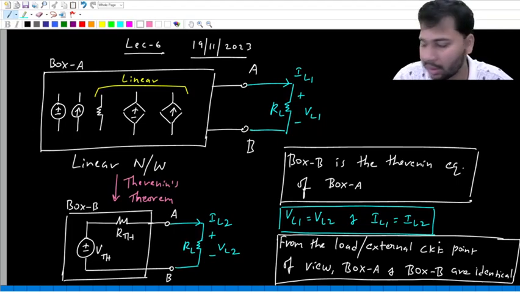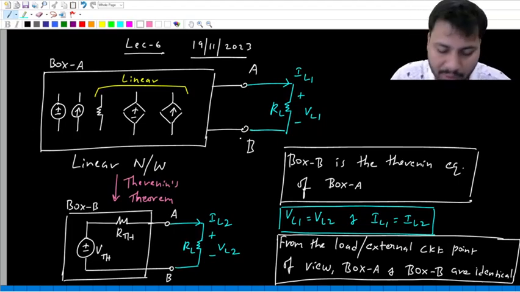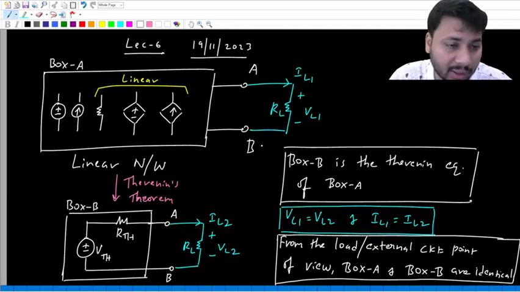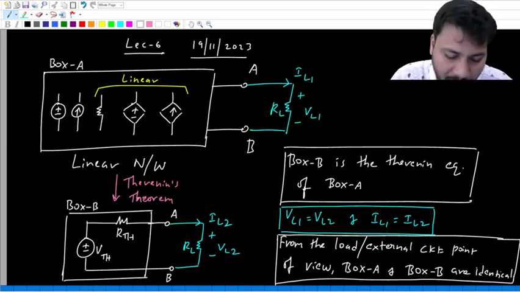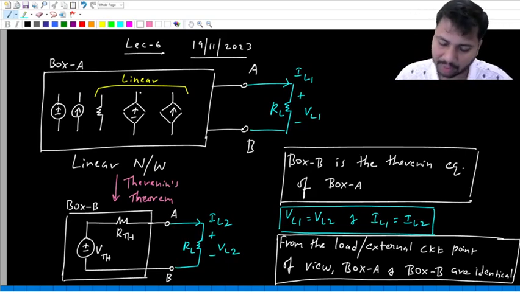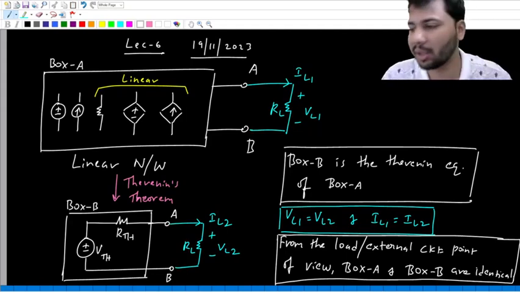And this is the case most of the time. Most of the time we are only interested in how much power is delivered to the load, or how much current is drawn by the load, or how much voltage appears across the load. We are not really interested in voltage and currents within the actual linear network. So this is what Thevenin's theorem is telling us.